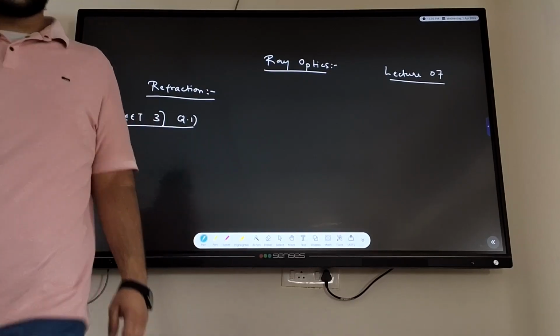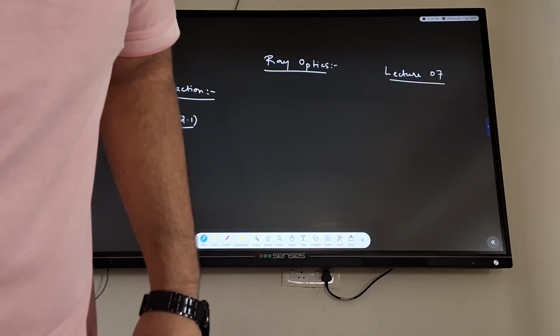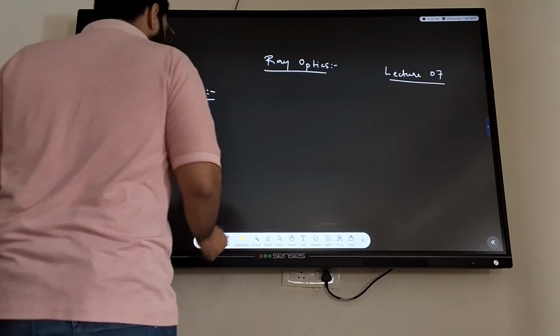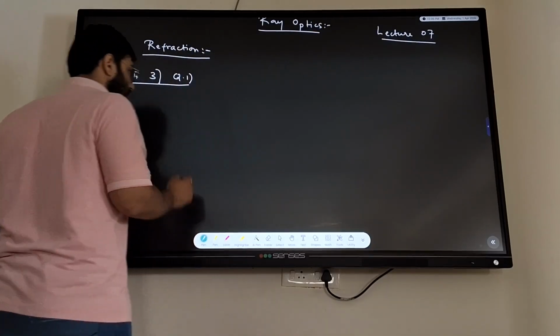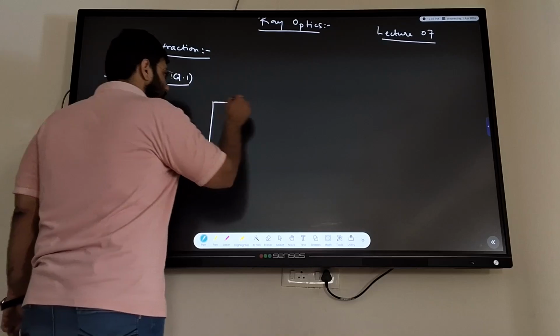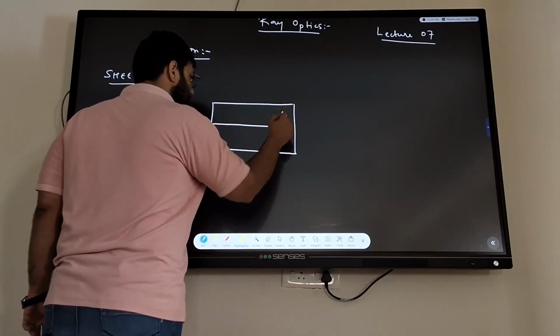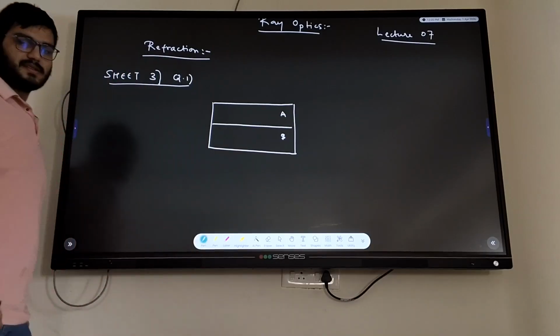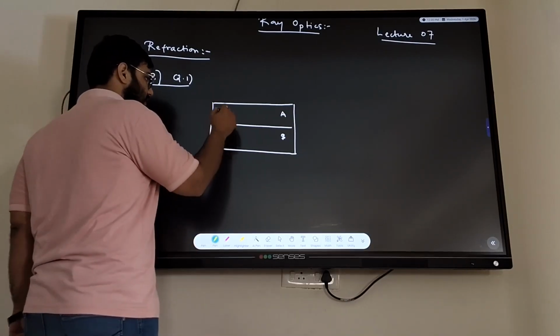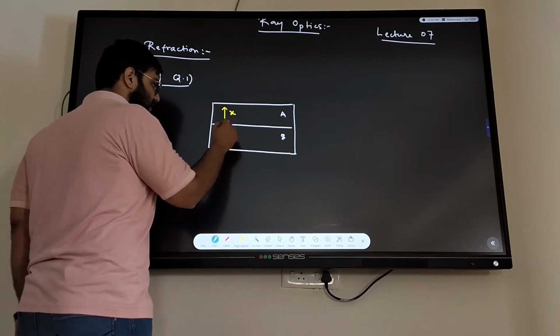What is option A? That's correct. Very good. You have two mediums, medium A and medium B, of the same thickness. Let's say the thickness is x here and x here as well.